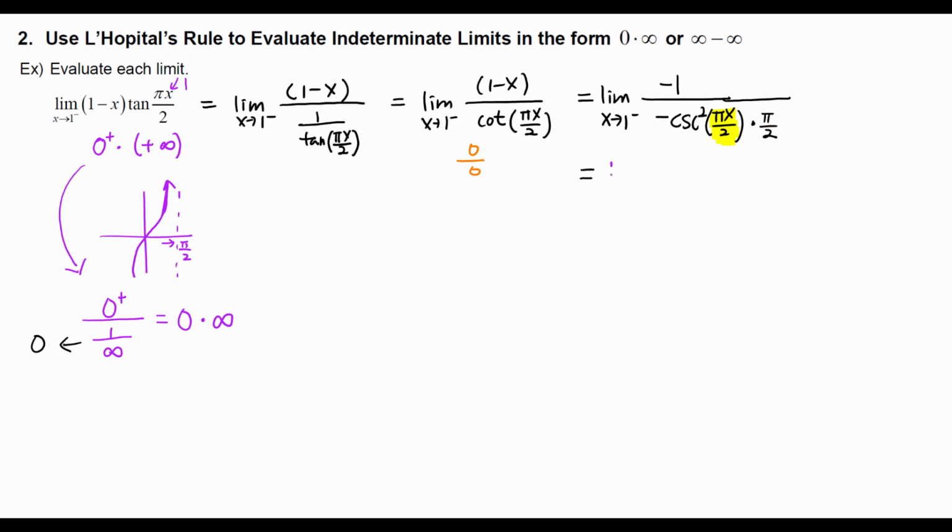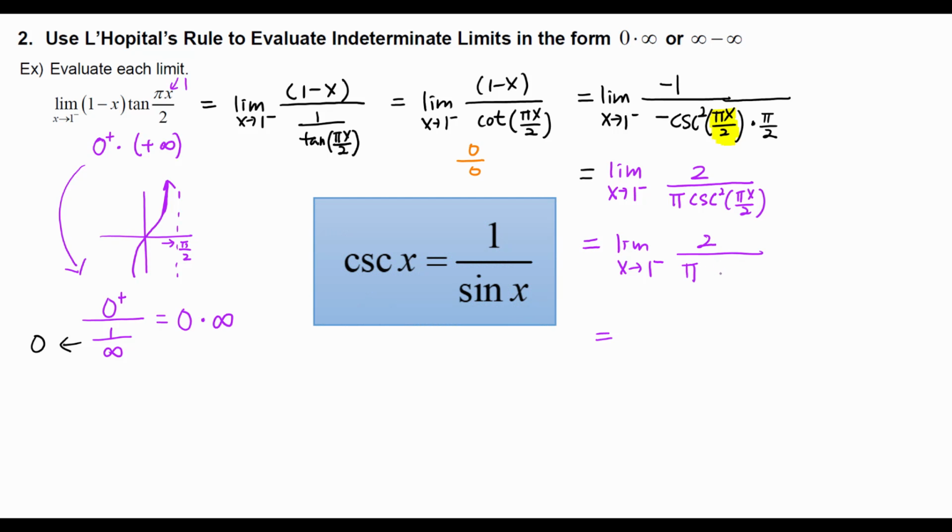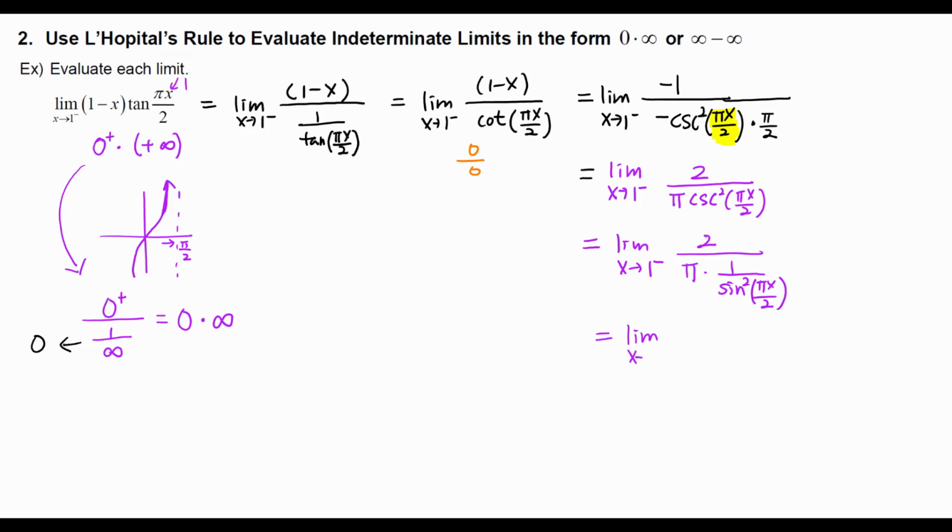So I have limit x approaches 1 from the left of 2 over pi cosecant squared pi x over 2. And that is limit x approaches 1 from the left of 2 over pi times cosecant squared pi x over 2, which is 1 over sine squared pi x over 2, which is equal to limit x approaches 1 from the left of 2 sine squared pi x over 2 over pi.